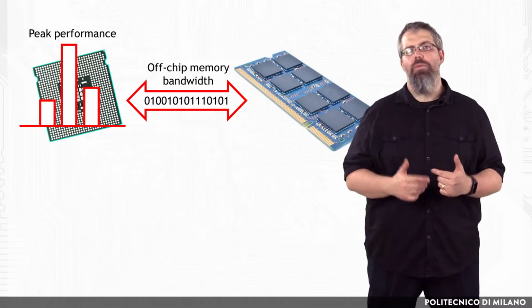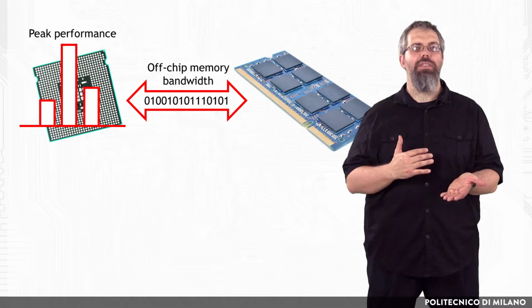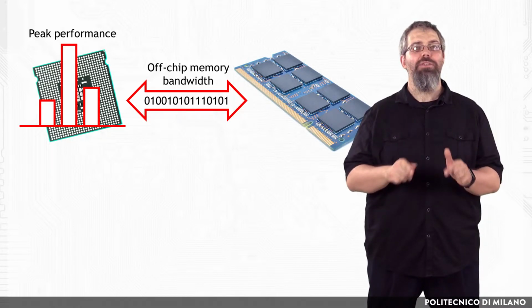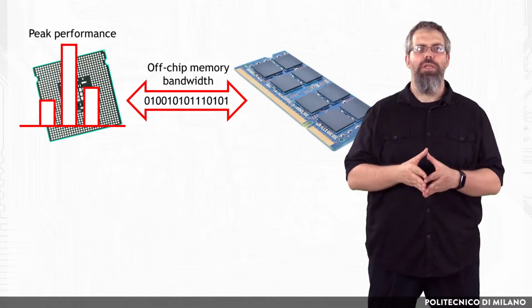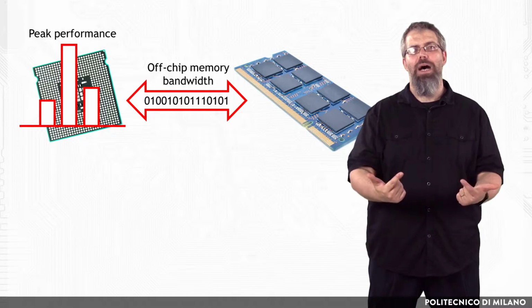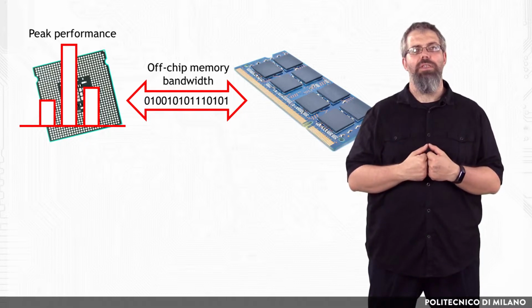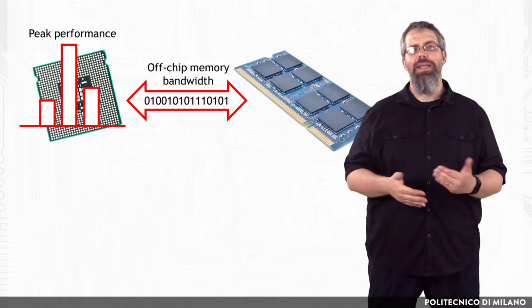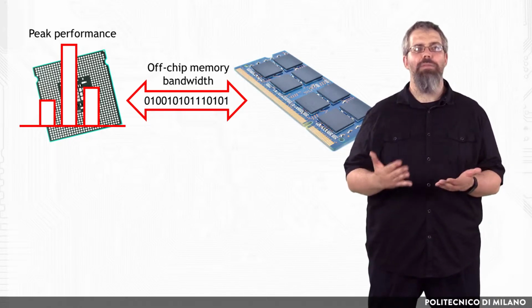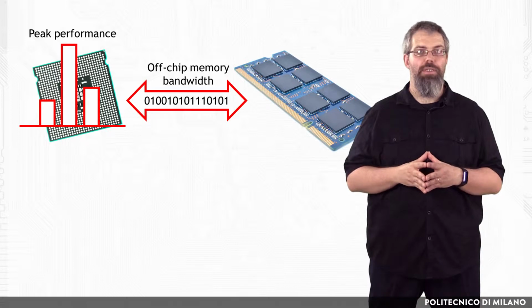On the other hand, whether the most constraining resource is the peak performance or the memory bandwidth greatly depends on the application itself and on the type of computation that is performed. An application is input-output bound if the most constraining resource is the memory bandwidth, while the application is said to be compute bound if its performance is mainly limited by the available computational resources.